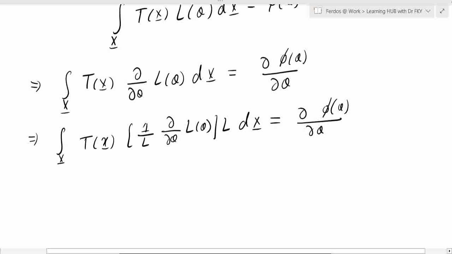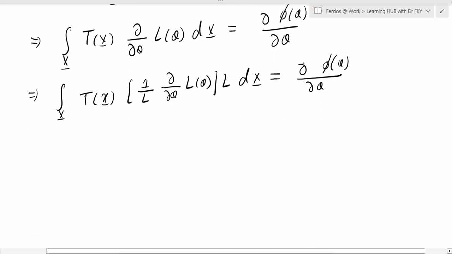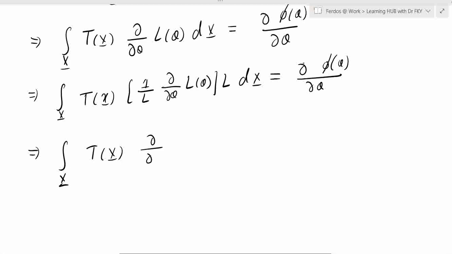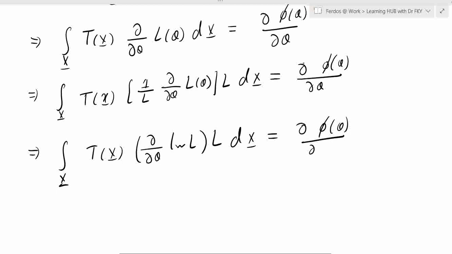So now you can write this as the integral of T of x times the partial derivative of the natural log of L, times L dx, which is equal to the partial derivative of this function with respect to theta.